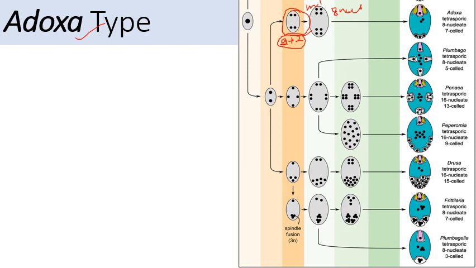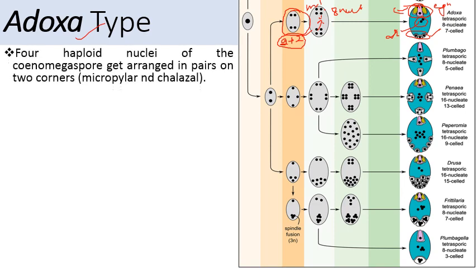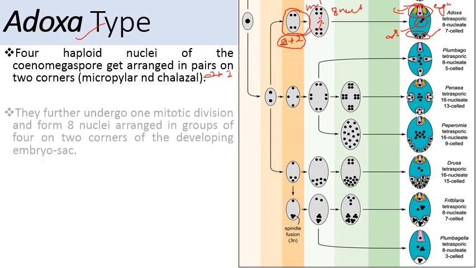And out of these 8 nuclei at 2 corners, one nucleus will move towards the center and give rise to 2 polar nuclei in the central cell, and 3 cells at the micropylar end will give rise to an egg apparatus, which consists of a single egg and 2 synergids, and the remaining 3 cells at the chalazal end will form the antipodals. So 4 haploid nuclei of the megaspore get arranged in pairs on 2 corners, and this arrangement is 2 plus 2, 2 at the micropylar end, 2 at the chalazal end.